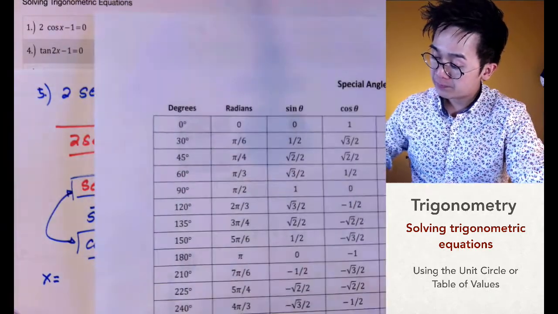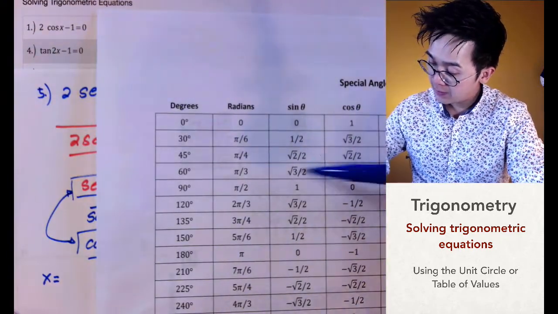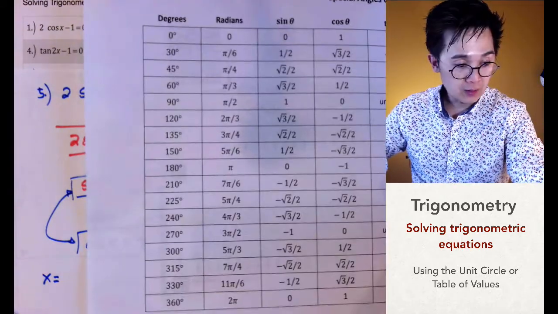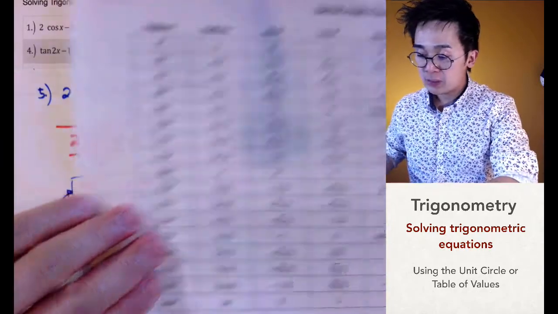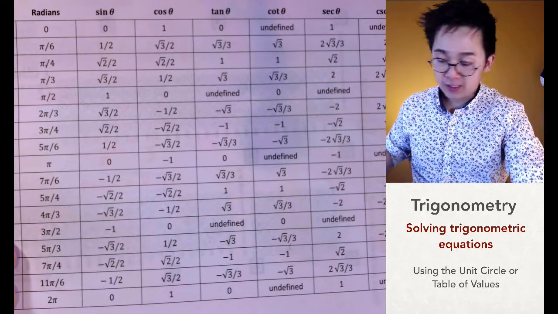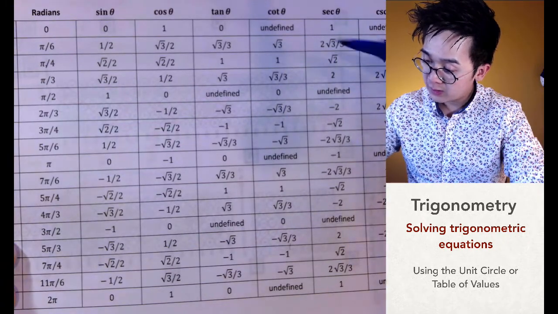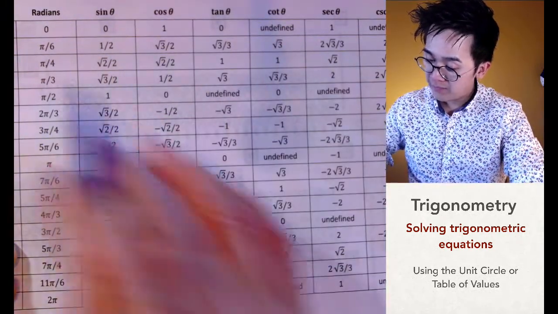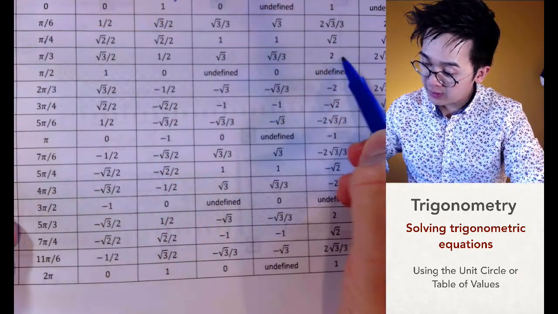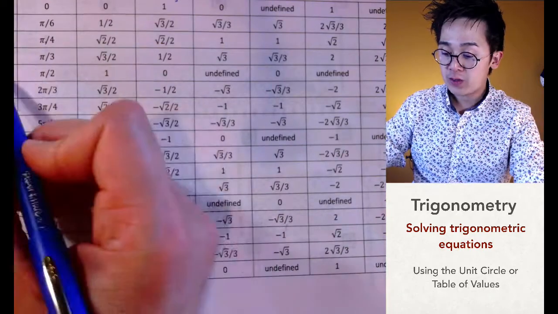So for cosine x equal to 1/2, we have pi over 3 and 5 pi over 3. Now, since my table of values gives me its inverses, we can also see that at cosine x equal to 1/2, its inverse is secant, which is 2, and they share the same values of x, which is pi over 3 or 60 degrees.